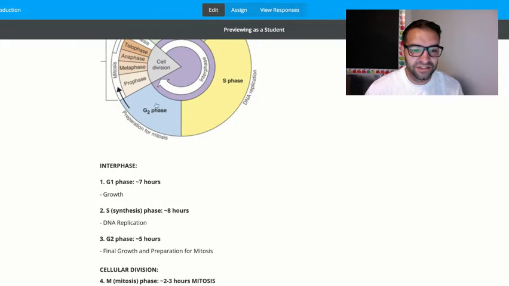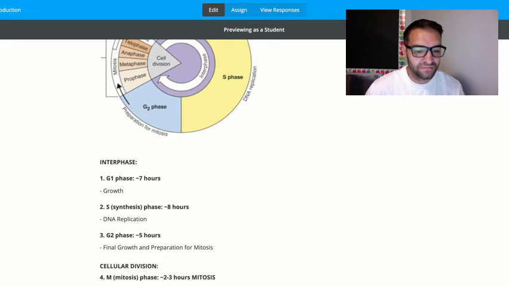Then it'll transition into this G2 phase, and this is really the final preparation for mitosis. It's going to get a little bit larger. The cell is going to continue to grow. As it prepares for mitosis, you're going to start seeing things like mitochondria dividing, and other replications, if you will.